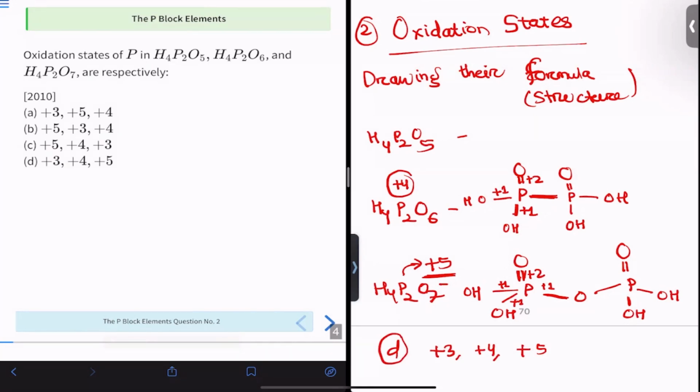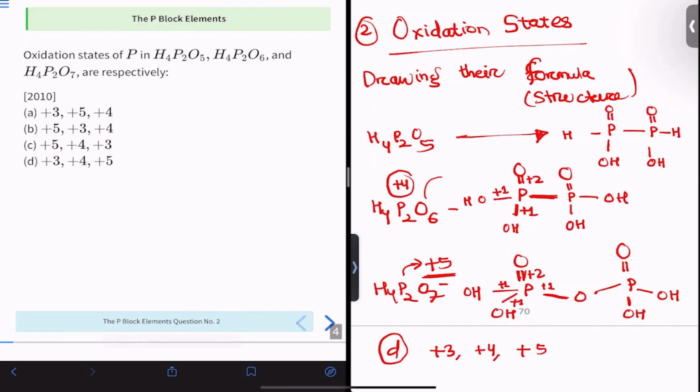It has two P-OH bonds, two P-H bonds, and two P=O bonds. Okay, so this is the structure for H4P2O5.